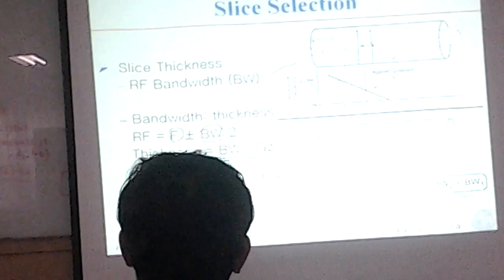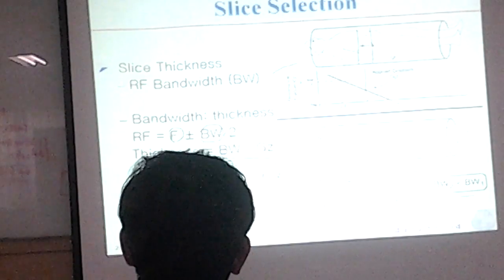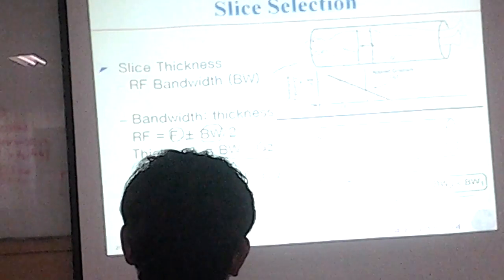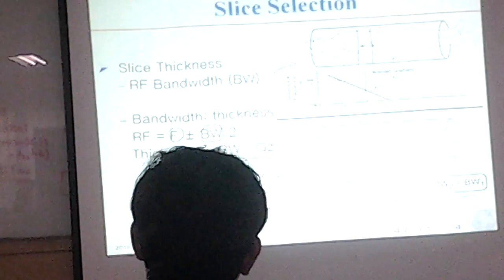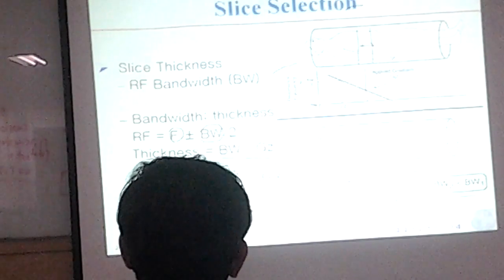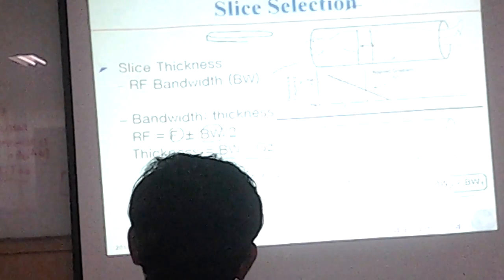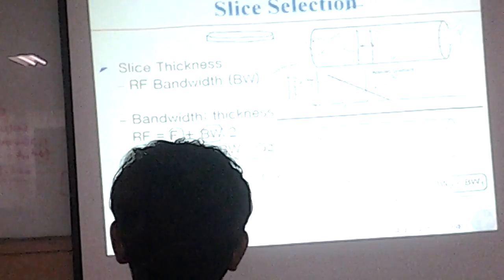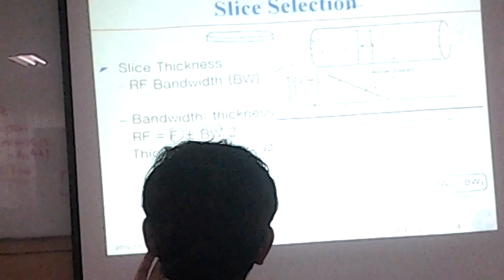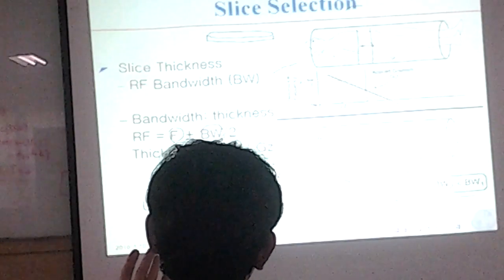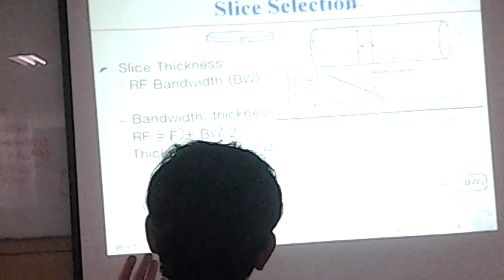Oh, okay. If we get the MRI image which has a slice thickness delta G, this is the MRI image which has a slice thickness like this. The image is displayed in 2D. So this is the thickness.